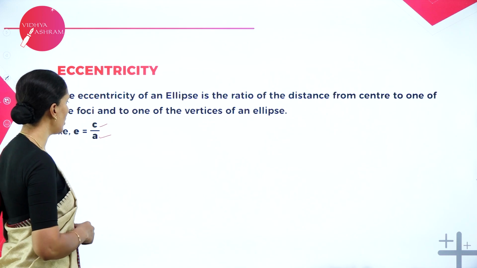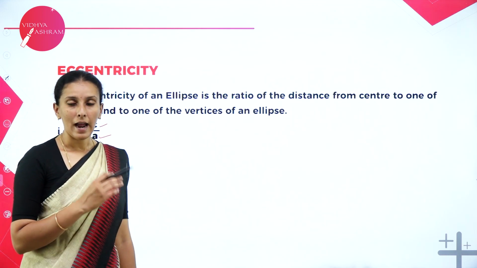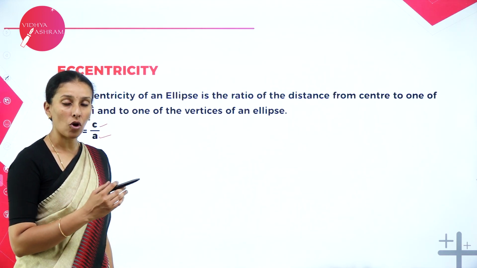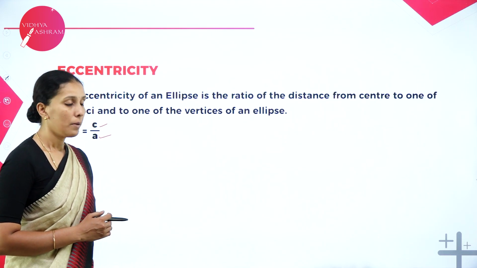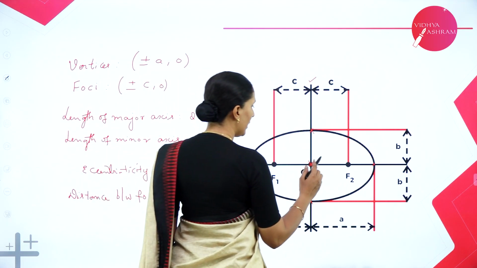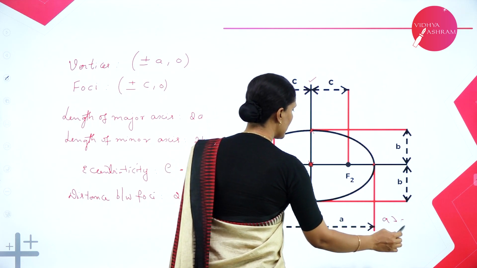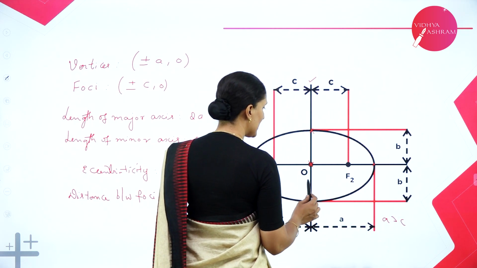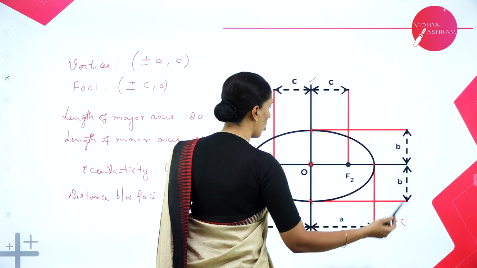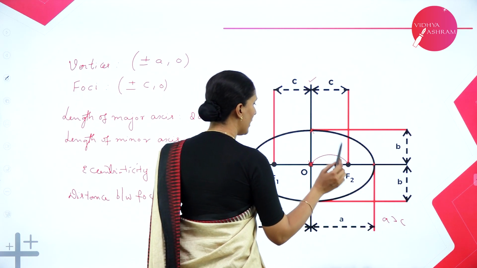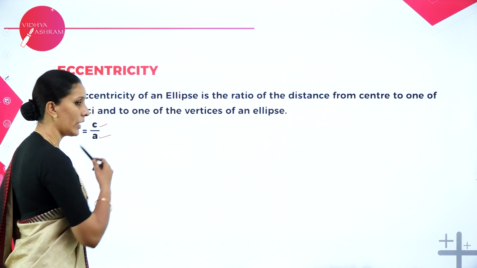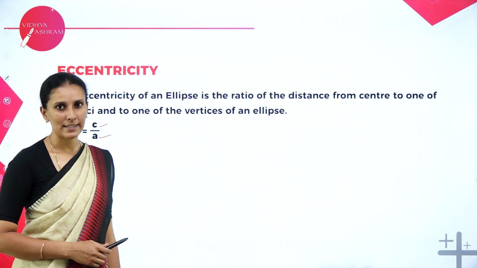So, therefore, it is the ratio of C by A, and eccentricity of an ellipse is always less than 1 because you can see A is always greater than C here. That is, the distance between the center and the vertex is always greater than the distance between the center and the foci. So, therefore, in the ratio C by A, it has to be less than 1.